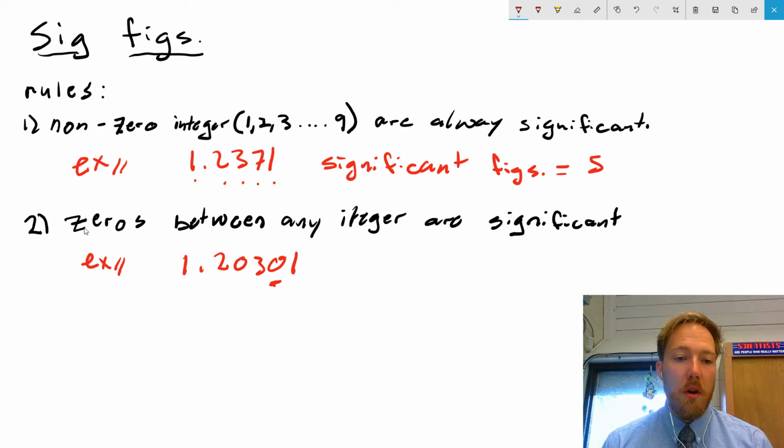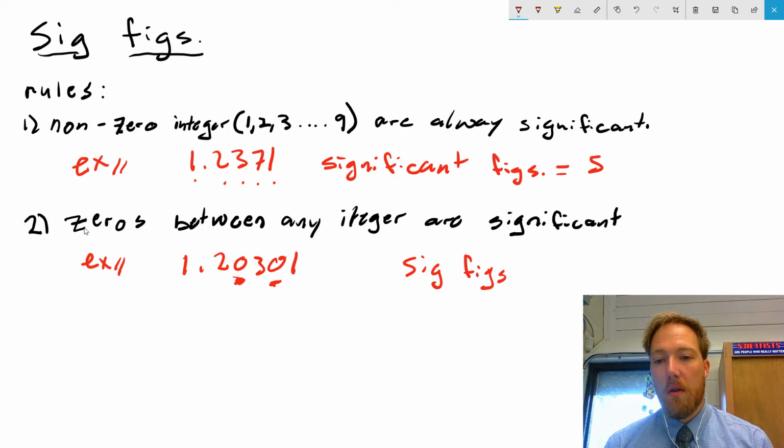These zeros are also significant because they're not a placeholder, they're an actual number. The precision of this number just happened to come out to be 0. It's like when you look at the clock and you're like, oh, it's 2 o'clock on the dot, right? So those are significant. If we count the number of sigfigs here, we have 1, 2, 3, 4, 5, 6. So my sigfigs here equal 6. So that's rule 2.